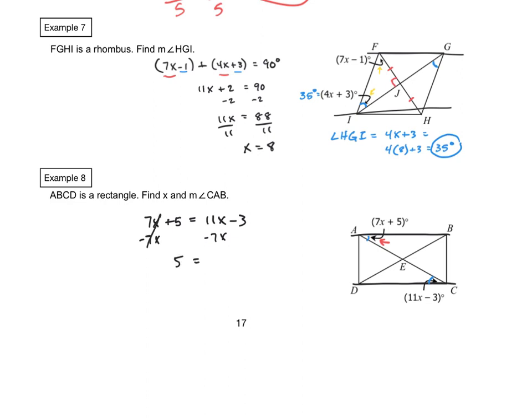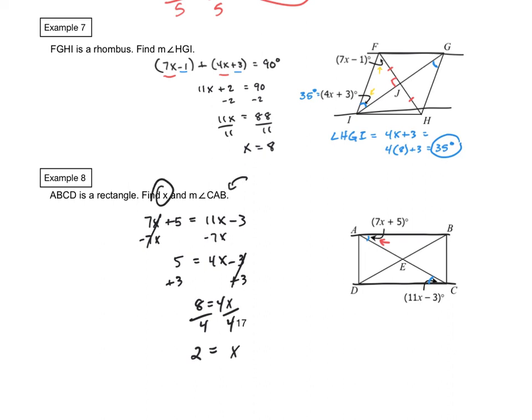And I have 5 is equal to 4x minus 3. Add 3 to both sides, continuing to isolate my variable. And I have 4x is equal to 8. Divide both sides by the coefficient of 4. And x is going to be equal to 2. So that's one thing I just found out: x is equal to 2.